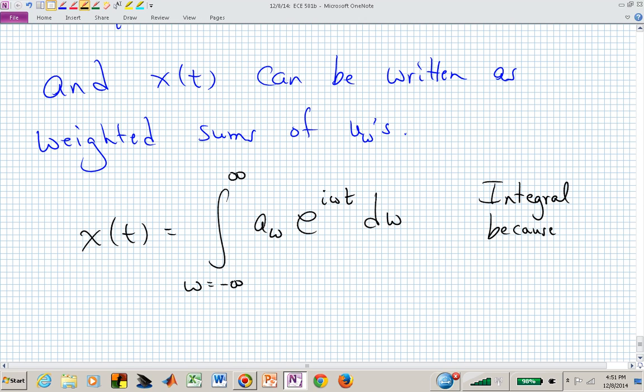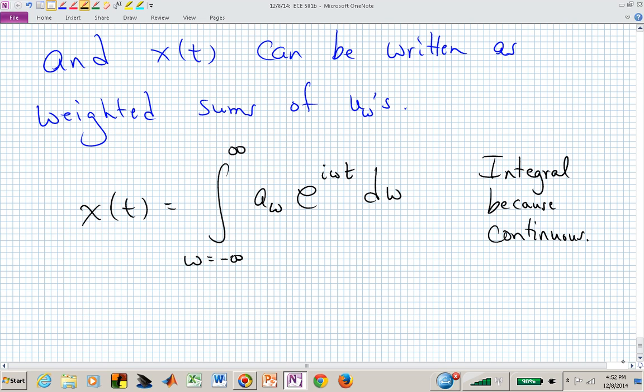So we now have an integral because it's now a continuous expansion relative to frequency w.